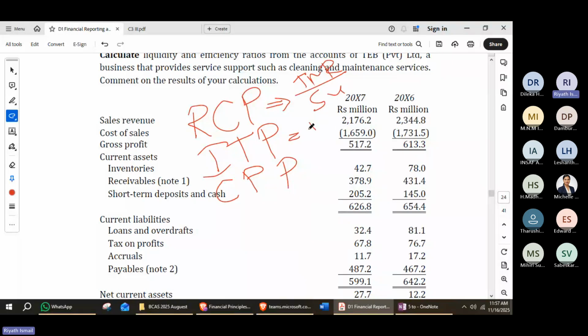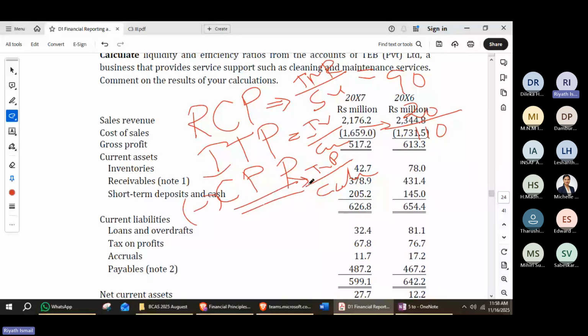This is inventory divided by cost of sales, and this is trade payable divided by cost of sales or purchases. So, for example, if we get 90 days inventory, say 20 days, and the total length is 110, and we deduct the credit payment period, say 50 days, then it should be 60.